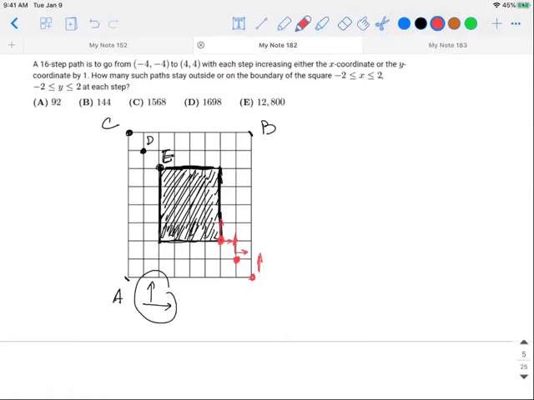Let me try to give names. Maybe I'm going to call this F. I'm going to call this G. I'm going to call this maybe H. So that being said, as long as from A you go to C, you go to D, you go to E, you will for sure bypass this region from the upper area.